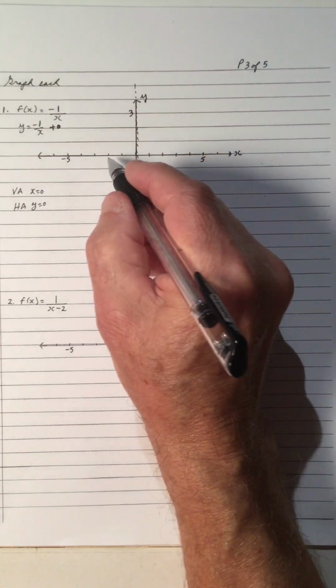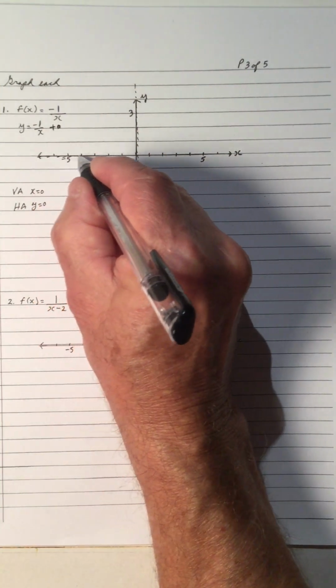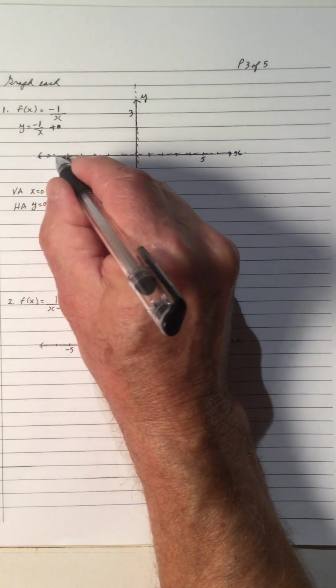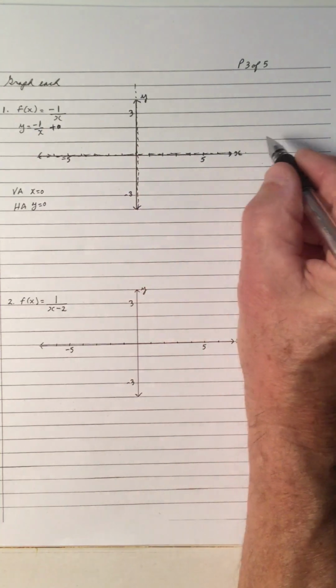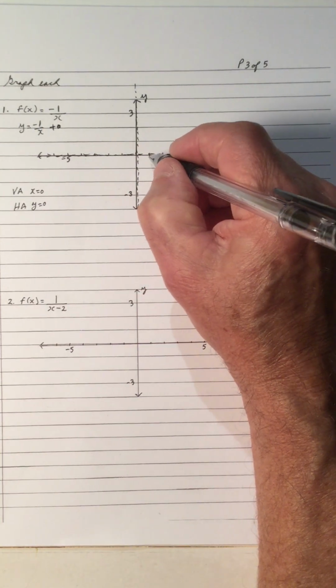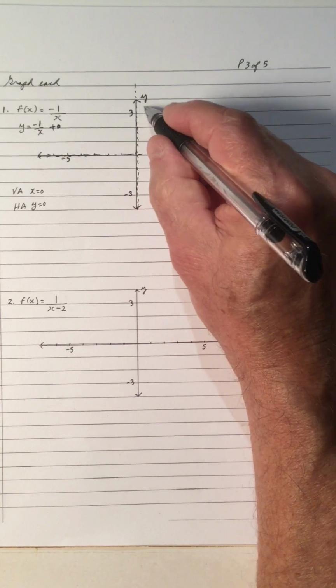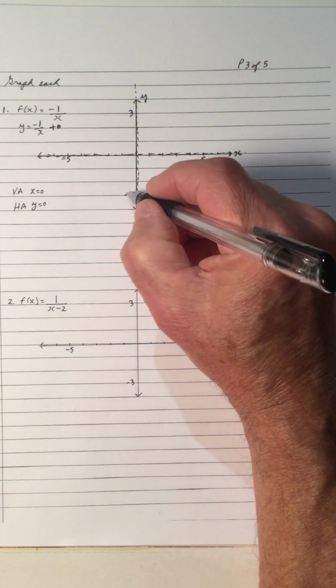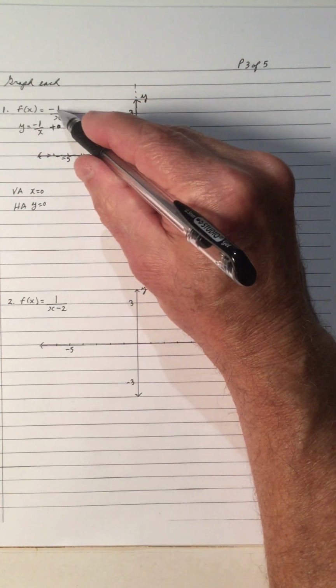And we have a horizontal asymptote. There it is there with a broken line. And you can't see it because it's on that line. Now, in this case it is negative.